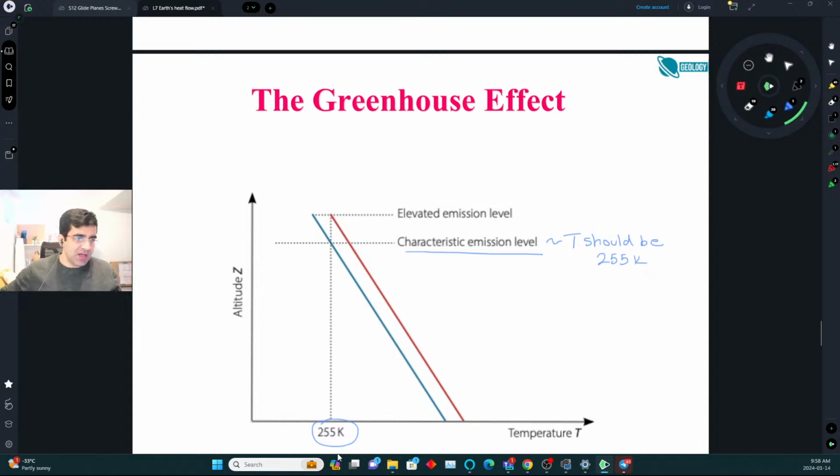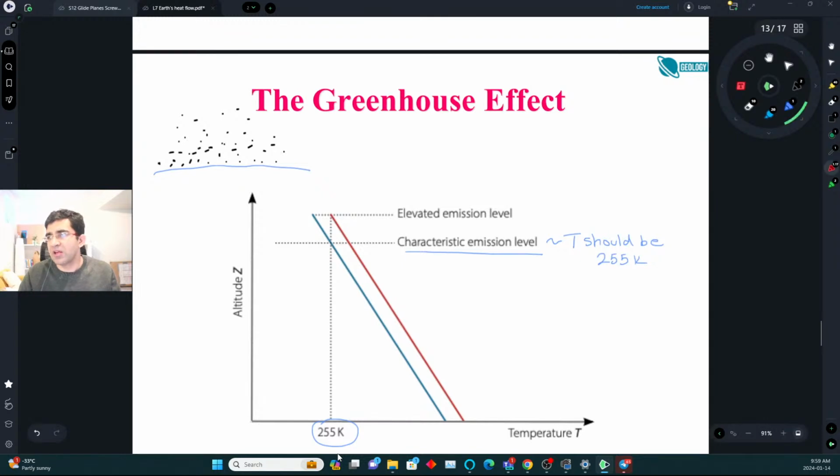Let's say initially Earth was emitting radiation. When you go higher and higher above the surface, at some level the concentration of greenhouse gases decreases. So there are a lot of greenhouse gases near the surface, and higher up the concentration decreases, so that at a certain level radiation may escape.